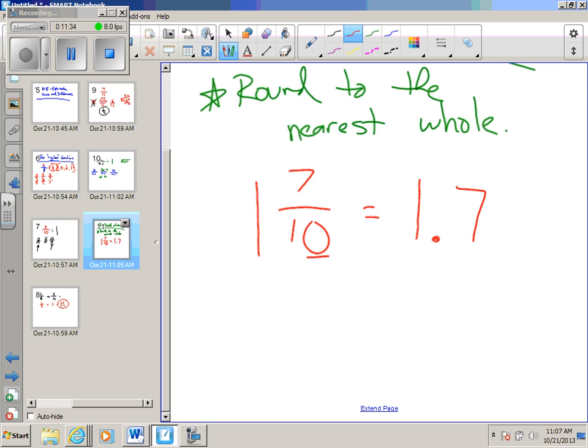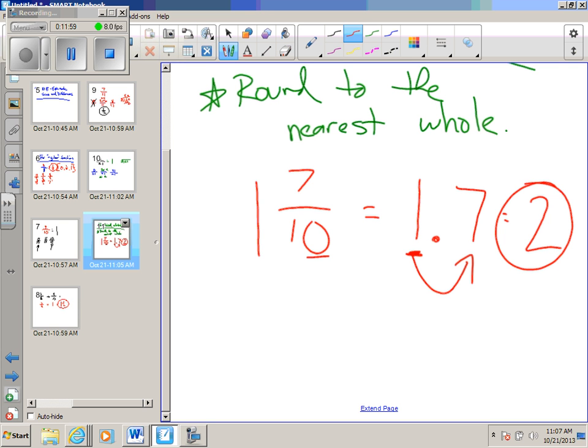And if we were rounding to the nearest whole, there's my whole number. I look at the digit after it. Is that 7 a 5 or larger? Therefore, that would round to 2. See, 1 and 7/10 is closer to 2 than it is to 1.